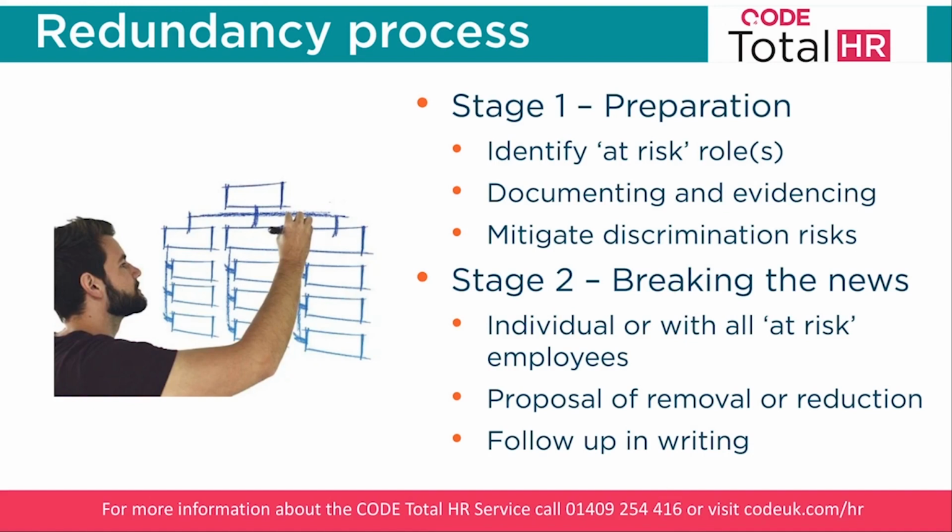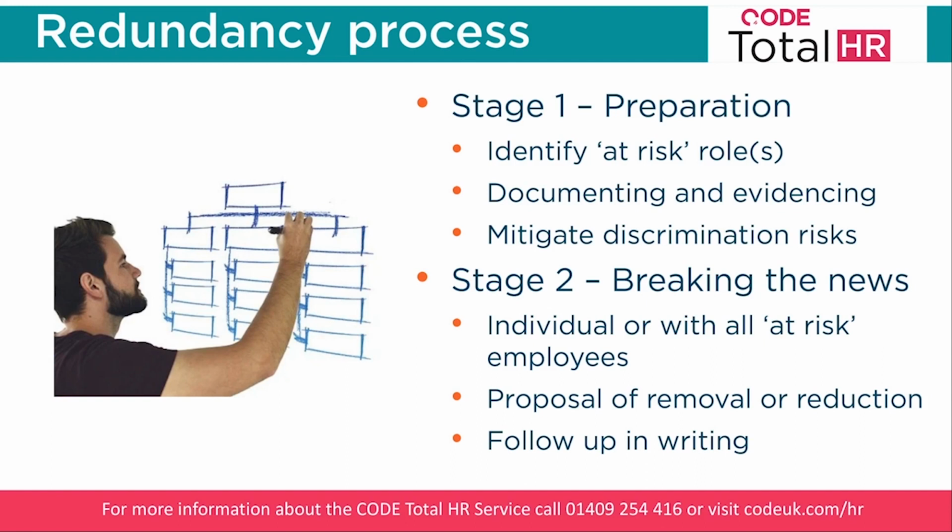So it's looking at your structure and really identifying what structure you need in place going forward. So you're identifying roles, not individuals. If you do have more than one employee in an identified at-risk role, you will need to follow a really fair and transparent selection criteria, which we'll look at in stage 4 for you.